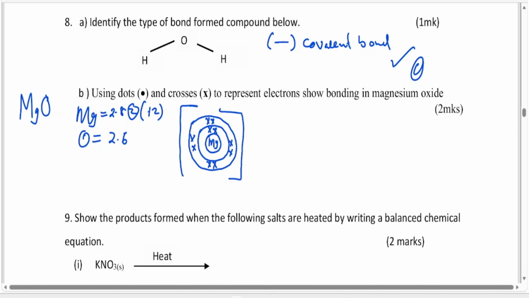So I have to write it as an ion with a 2 positive, and this is magnesium ion 2, 8. Then next, I have oxygen. In the case of oxygen, I use dots so that I can easily show the electrons that were gained from magnesium. So again, I'm going to have 2 energy levels. So I already have 6.